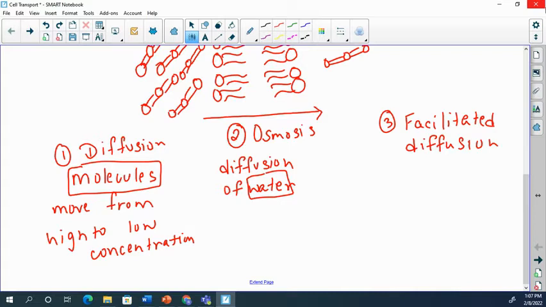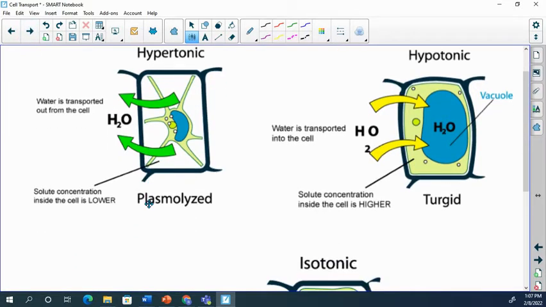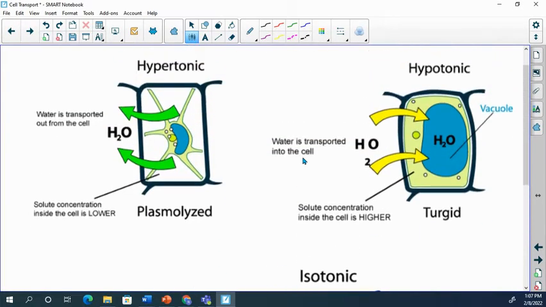So water moves into the cell and dilutes the concentration in the cell to more closely match the outside of the cell. So let's look at some examples of osmosis before we talk about facilitated diffusion. So this is an example of movement of water from an area of higher concentration to an area of low concentration.